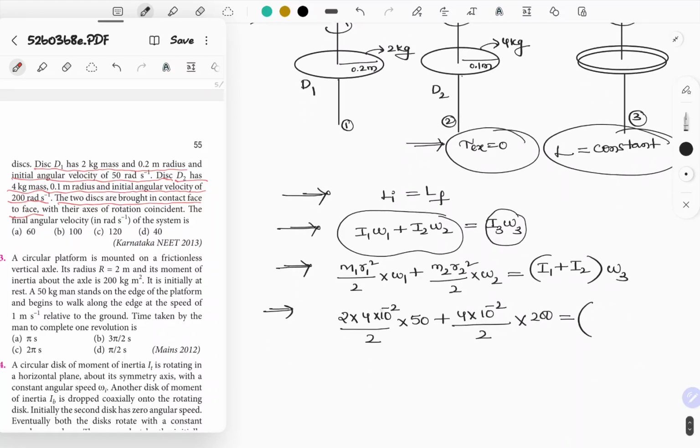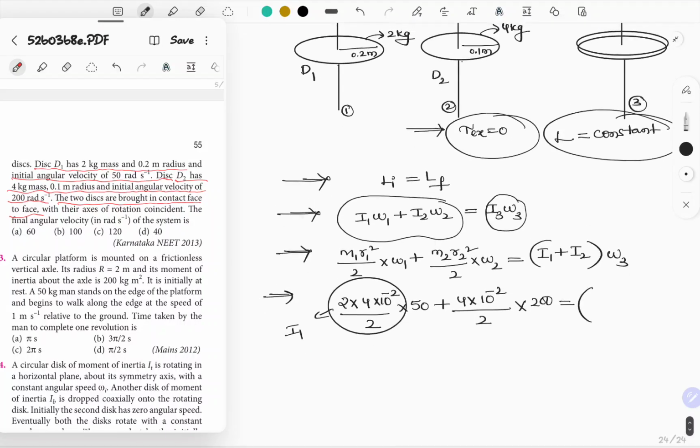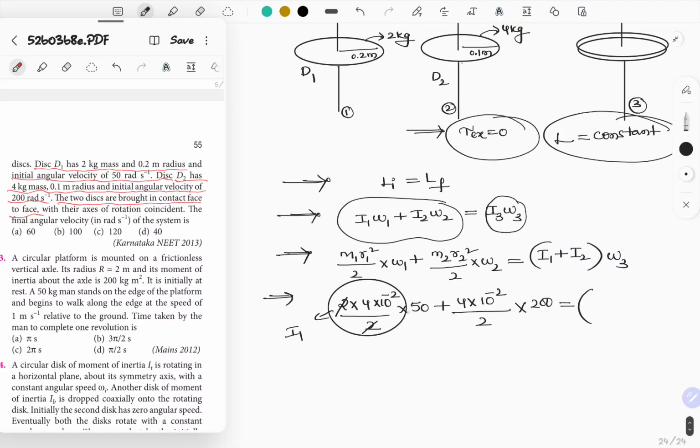Let me find out I1 first. 2 will get cancelled, 4 into 10 power minus 2. Plus, so this is I2.